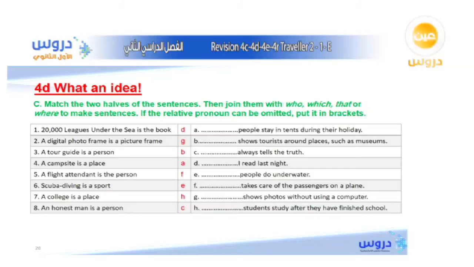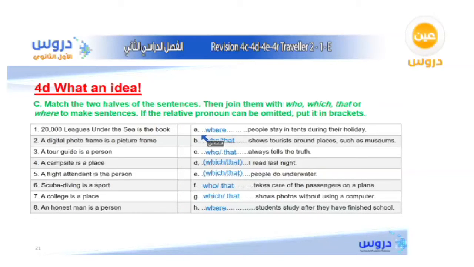Now also we use what, where, which, who, that, and it depends on the sentence. Here, number one, where people stay. Two, who shows tourists around places such as museums. Who always tells the truth.